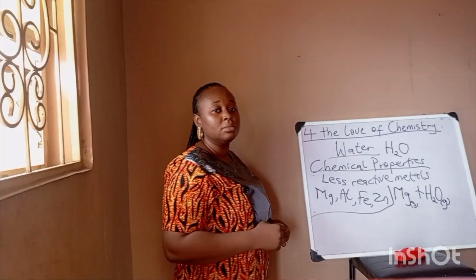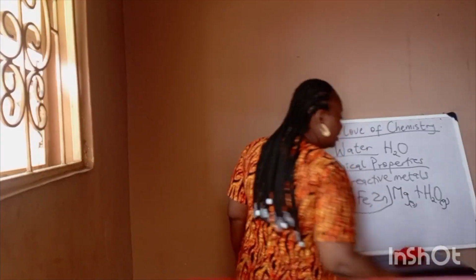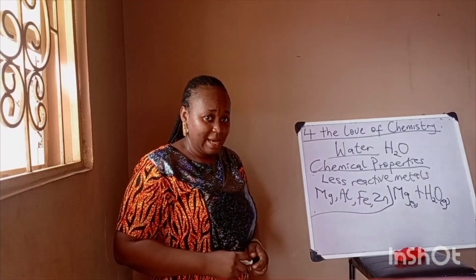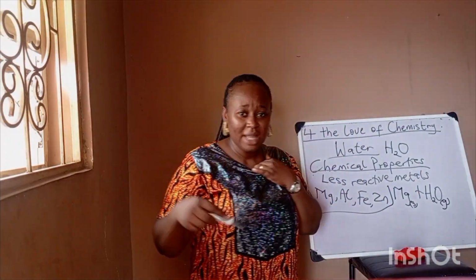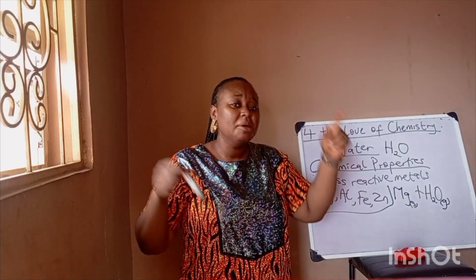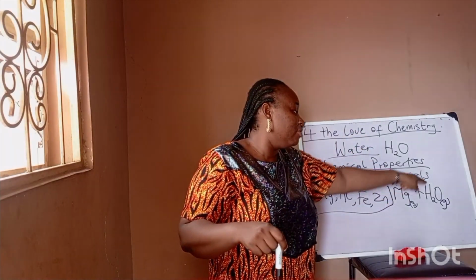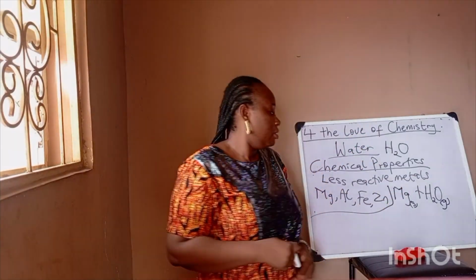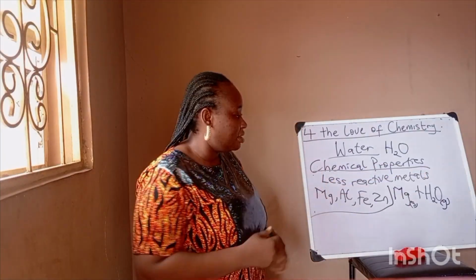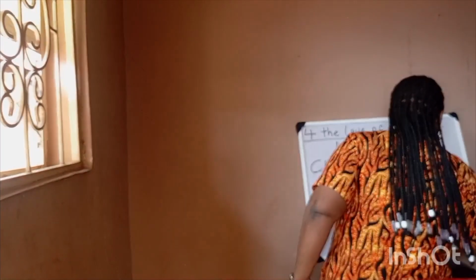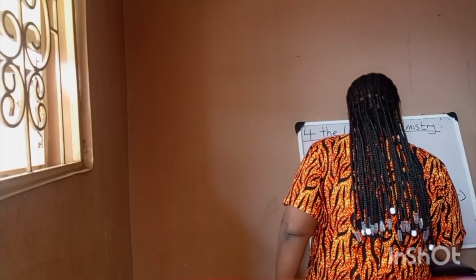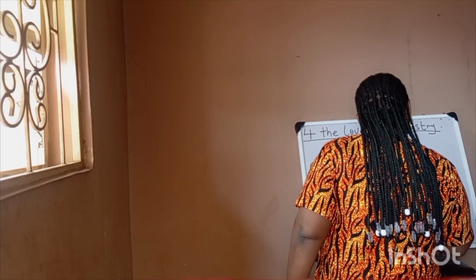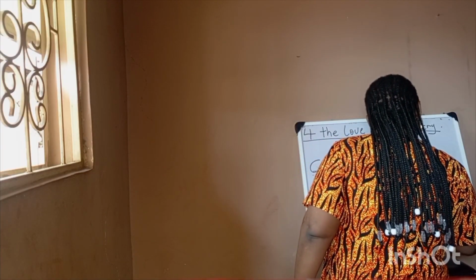Must. You can even write steam under it. Do you get? So that you don't say, but I don't want that. You have to put the state because this cannot react with ordinary water. So magnesium reacting with steam gives us magnesium oxide and liberates hydrogen.